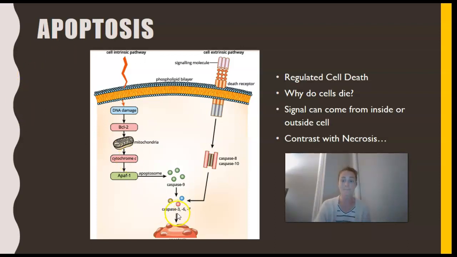The best example that you can use, the most reliable example, and what is asked about most often, is that the cell has undergone DNA damage. Once this DNA damage has occurred, then this pathway is set into motion. You can see here the signal is outlined as DNA damage. DNA damage then triggers a cascade of events, which involves signaling from the mitochondria. So this pathway is also called the mitochondrial pathway, which activates caspases.